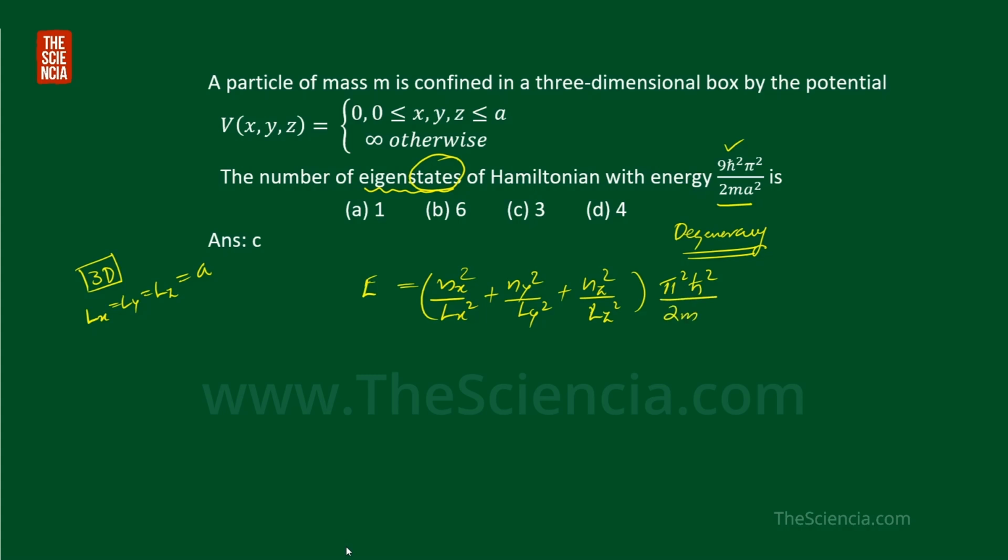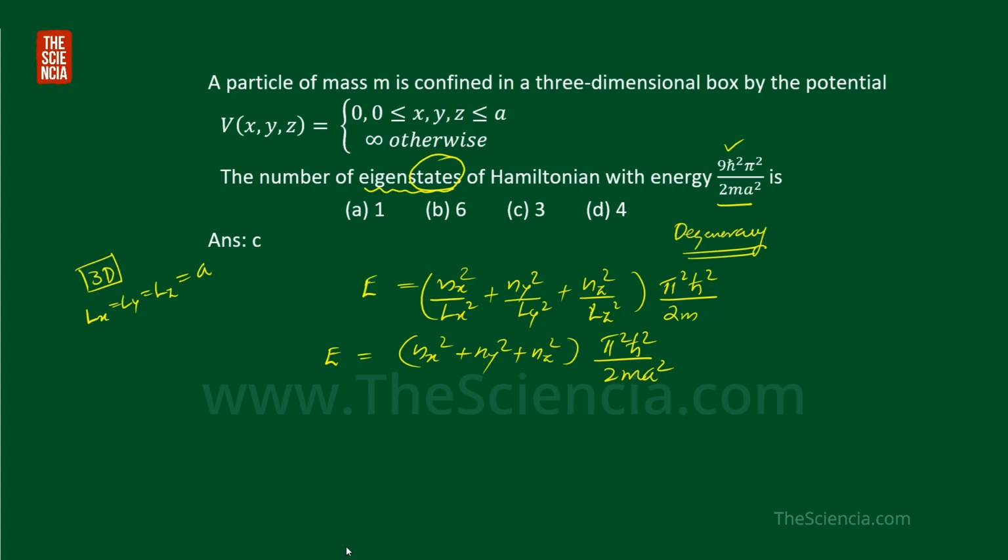Here in this question Lx, Ly and Lz are a. Therefore, we get the energy for this particular case as nx square plus ny square plus nz square into pi square h square by 2ma square.